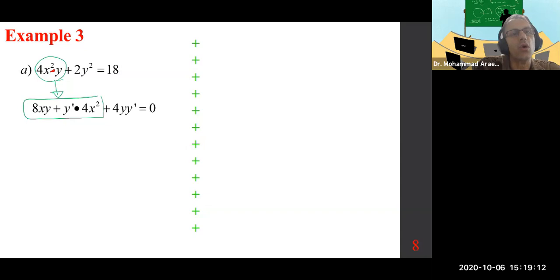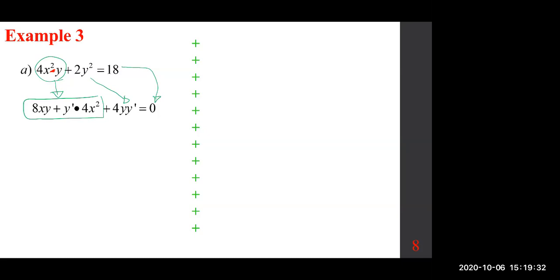Y gives us y prime times 4x squared by the product rule. 2y squared is 4y, y prime. A constant results in 0. Is this making sense? Are you okay with that? Yes, that makes sense now. Thank you, Professor. Perfect.